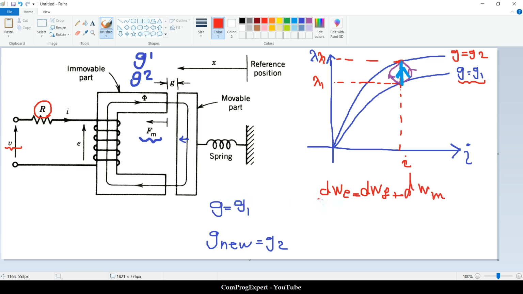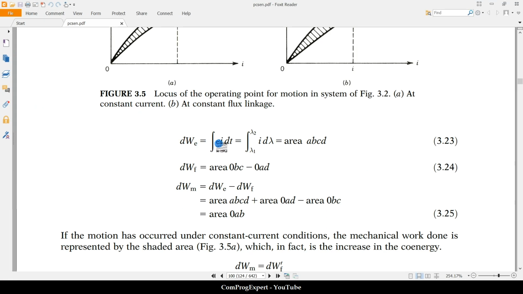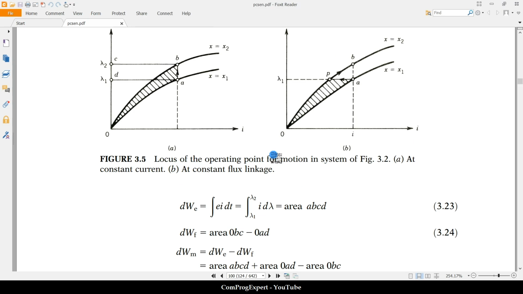How much is the value of the dWe? You know that it is equal to the integral of e i dt, or i dλ, when we move from A to B, from λ1 to λ2.